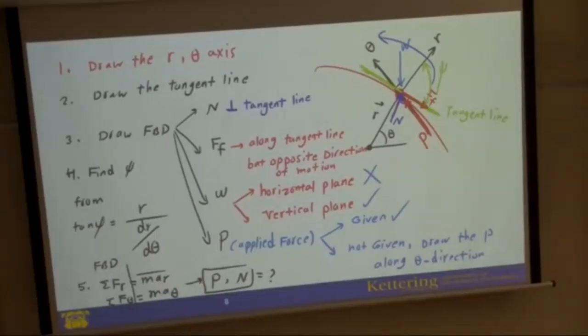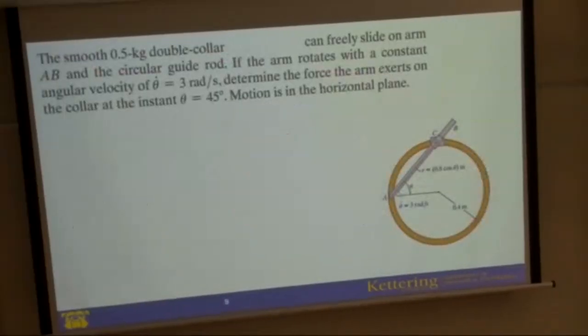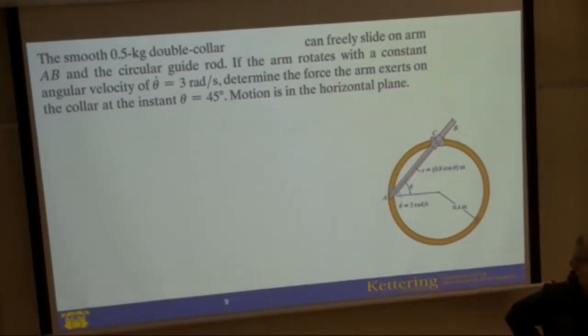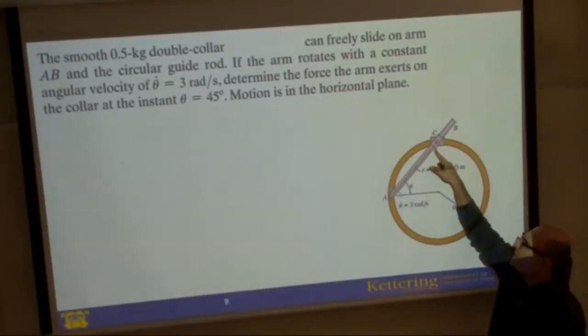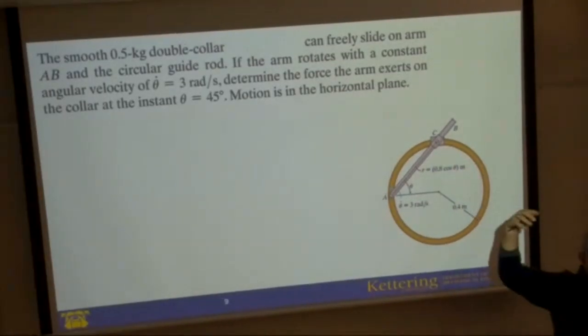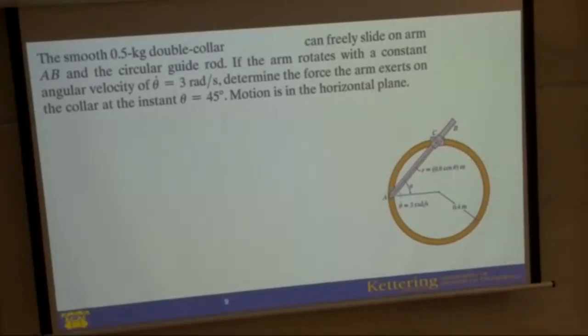Then in the next 15 or 20 minutes, I will solve this. This one is a 0.5 kilogram double collar. The mass of this and this one both together is 0.5.